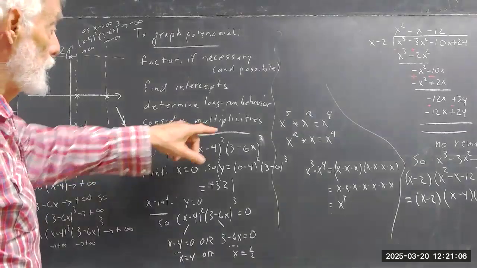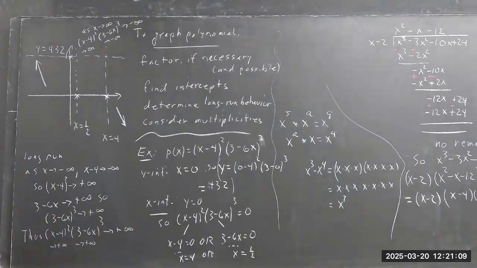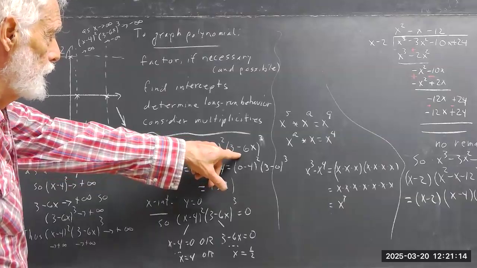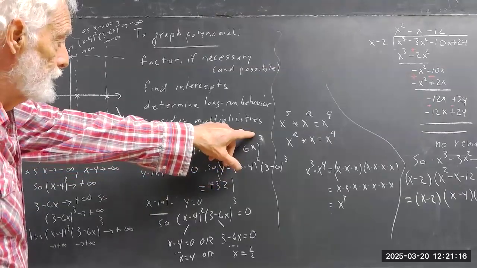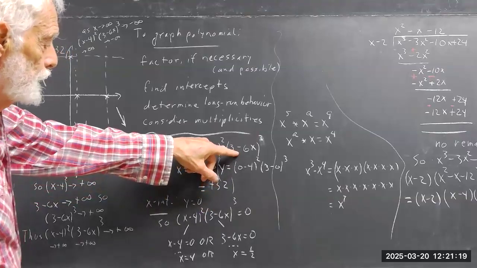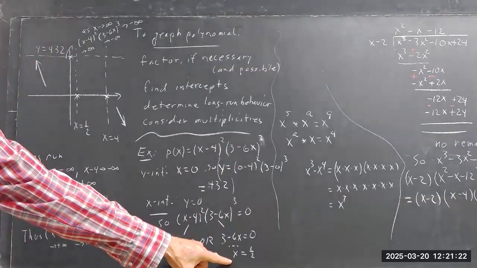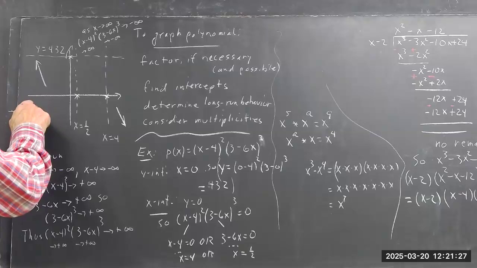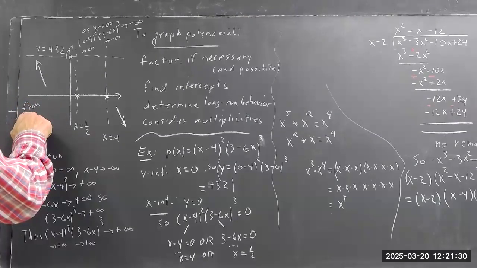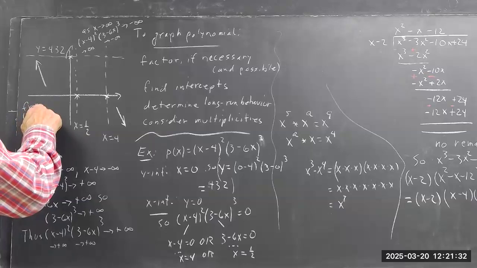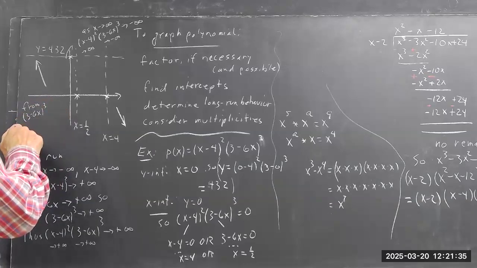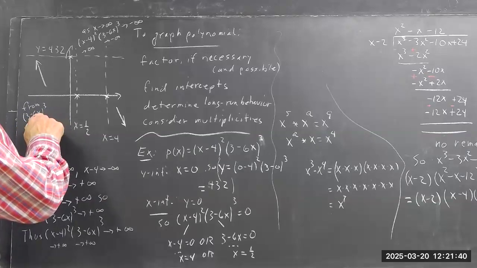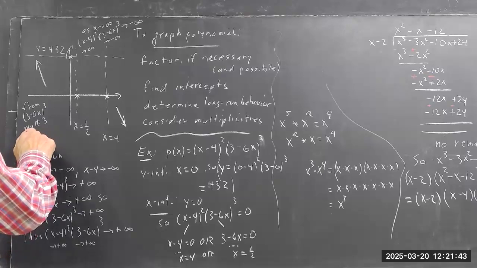Now, last we consider multiplicities. I talked about this last time. The multiplicity that you get from this is 3. Now, this gives you your x equals 1/2, right? So as I labeled it before, this is from your 6x cubed factor. This it is 3.